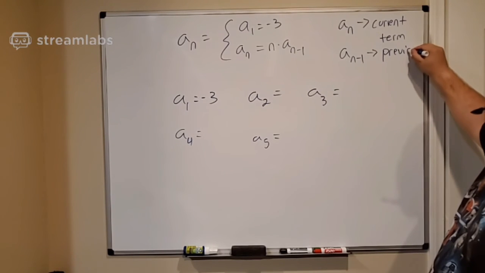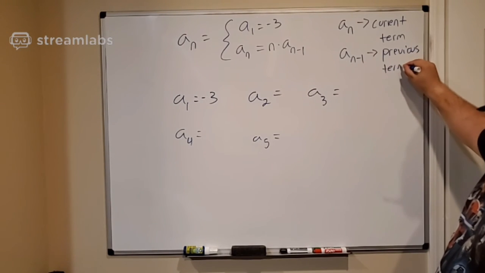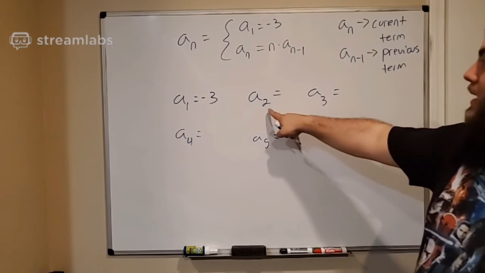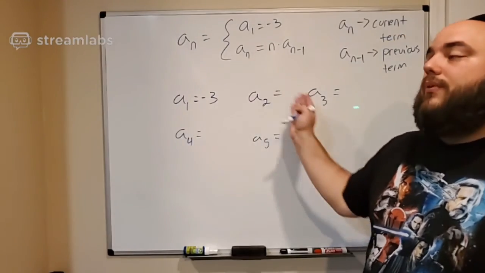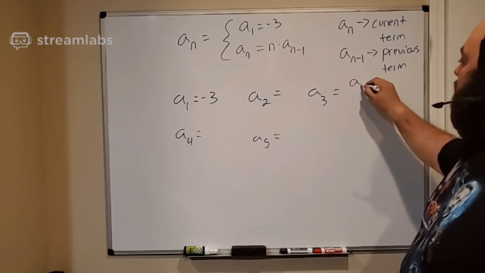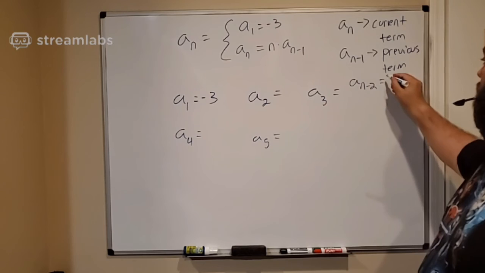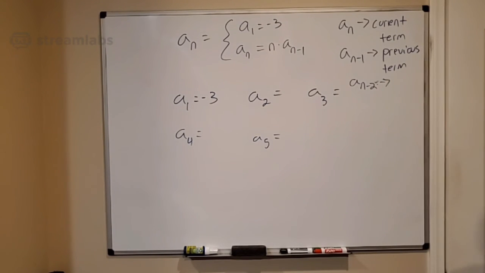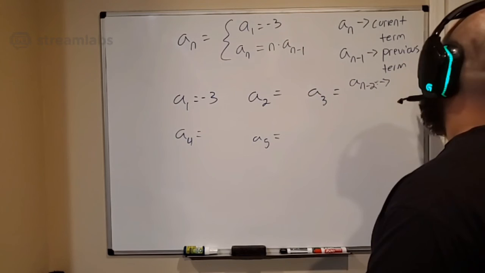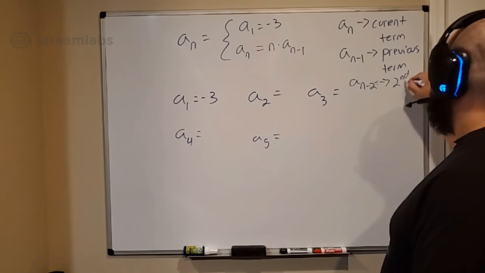If I'm looking at a sub 2, what's 2 minus 1? 1. So that would be the previous term. Then what would a sub n minus 2 be? The previous term, that would be 2 terms ago. So the second term back.